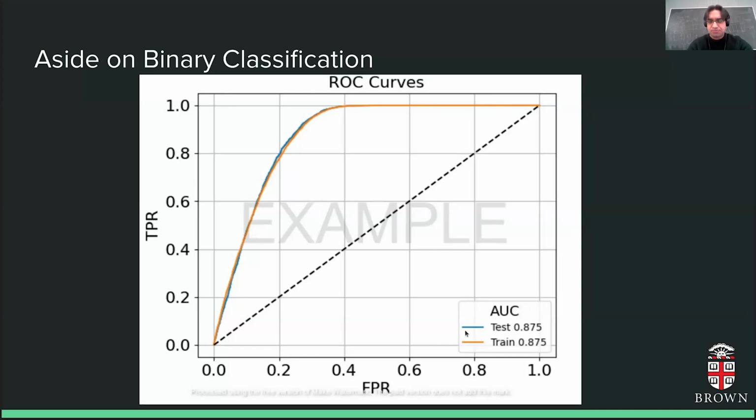What this says is that on the test set, when you train the neural network and you evaluate the performance on data that it has not seen before, it performs very well. So almost 88% of the time, it can classify two different things correctly.